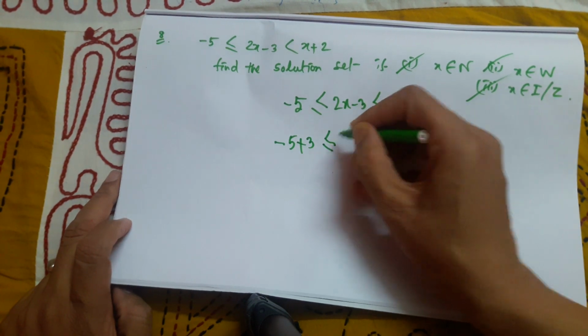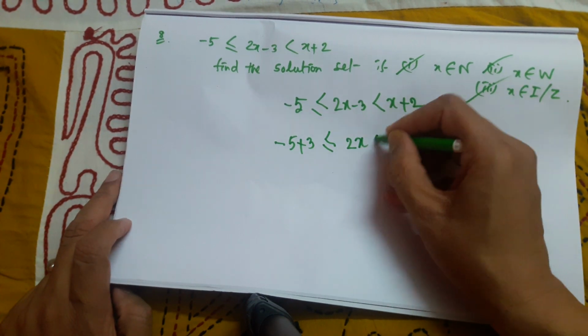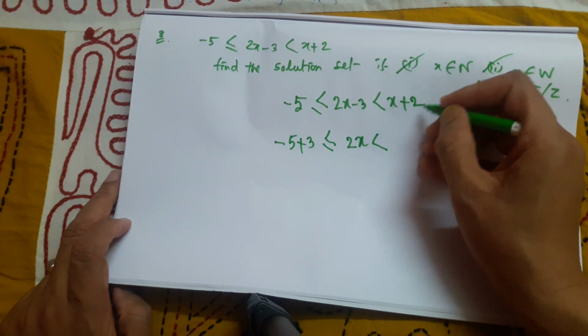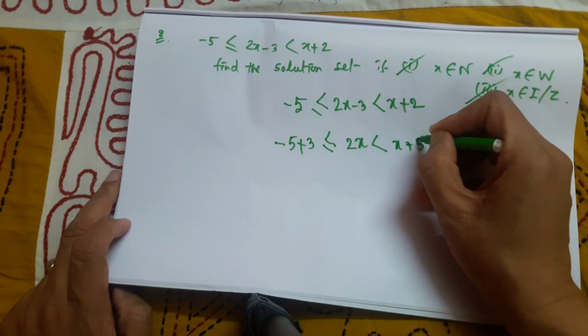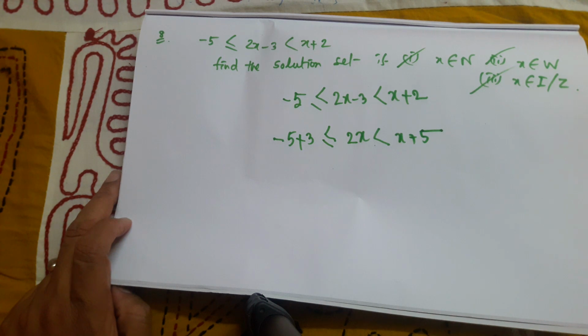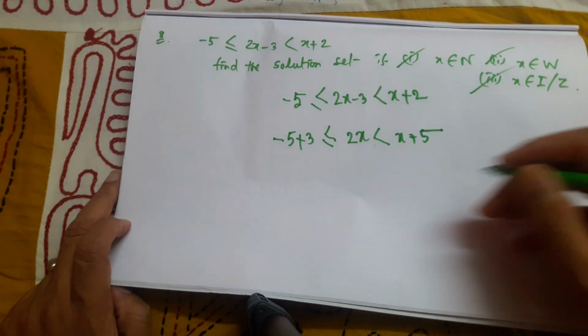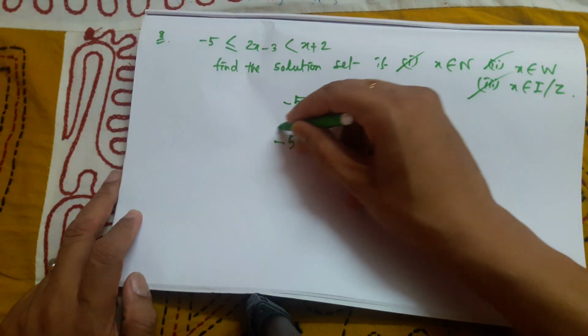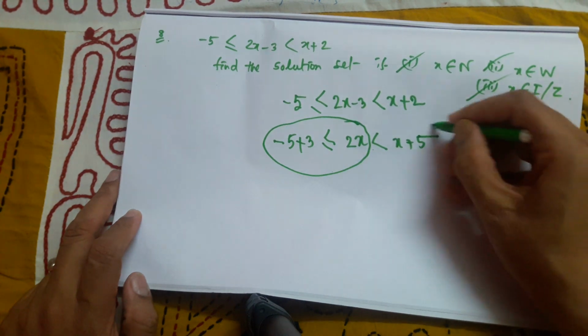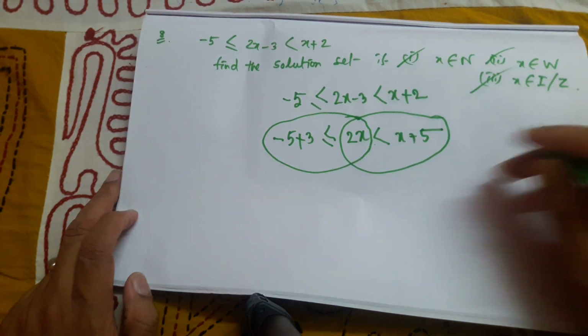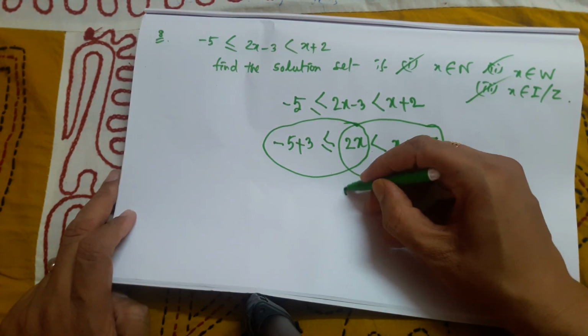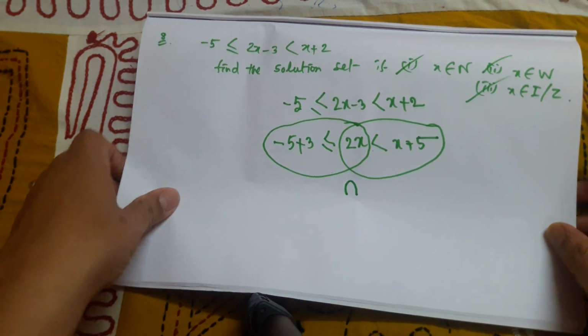Minus 5 plus 3 will become minus 2, 2x will become plus 3x plus 5. Now we take this inequation and this inequation, and then we have to take common.